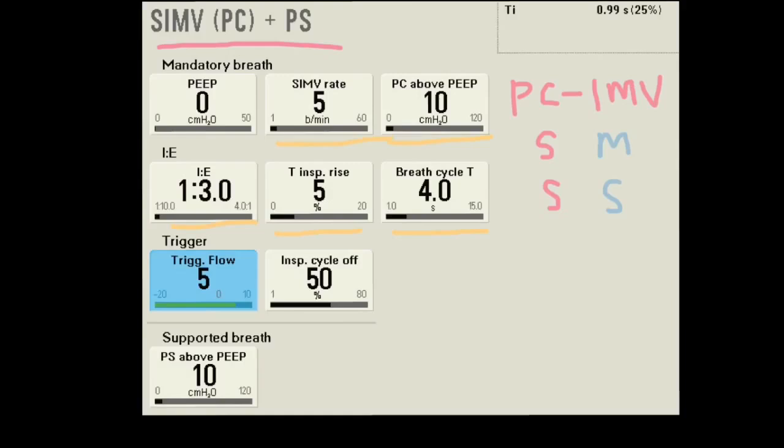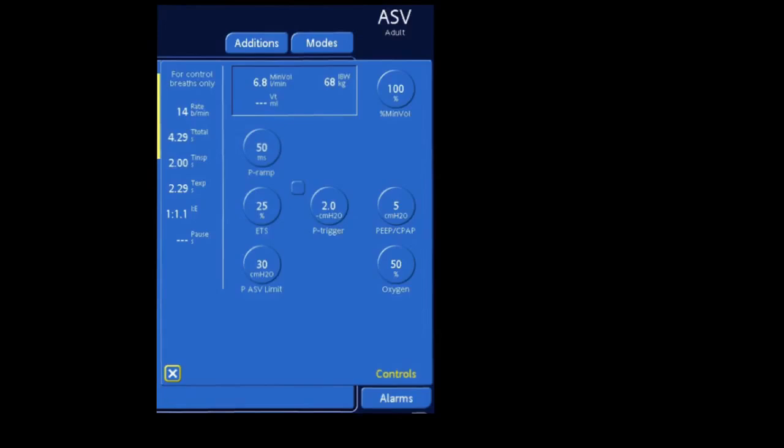And then for the spontaneous breaths, here are my spontaneous breaths right here. The operator additionally has to set the trigger, what pressure support level to give, and how the breath is going to end. Now let's compare this to an optimal targeting scheme. These are all the controls in ASV that the operator has to set, and this is for both the mandatory breaths and the spontaneous breaths.